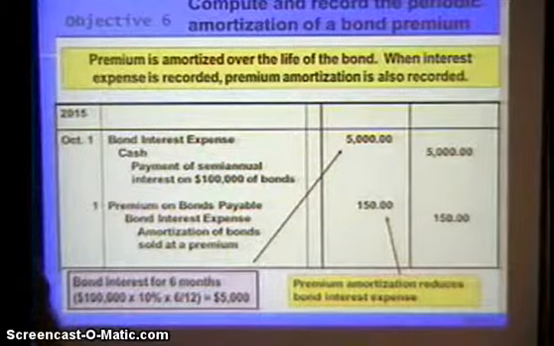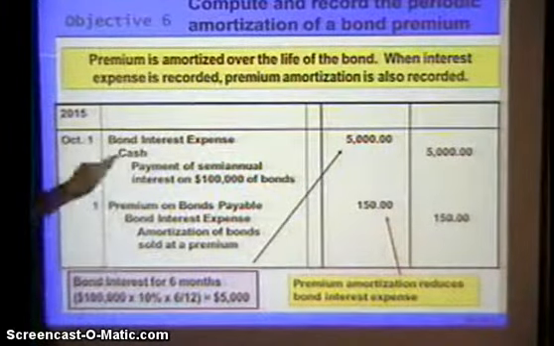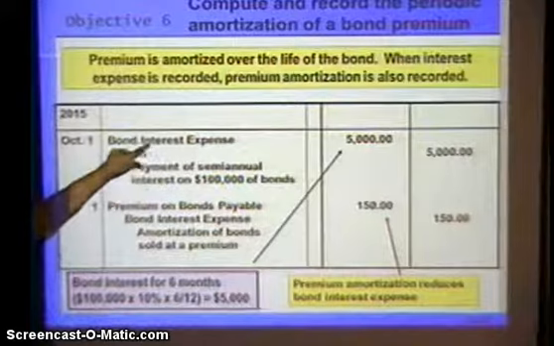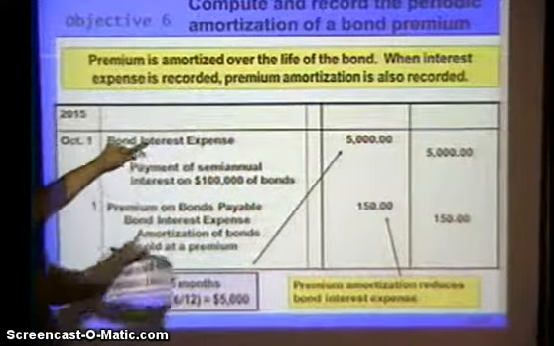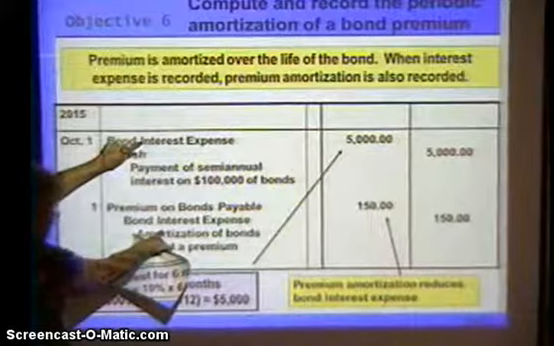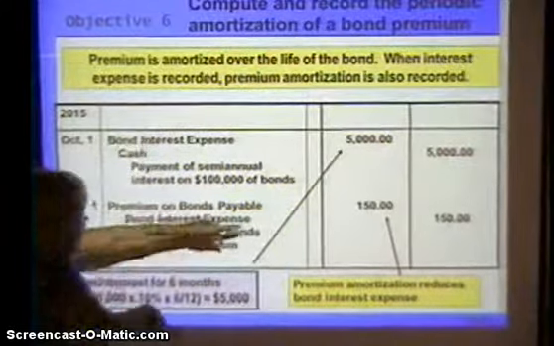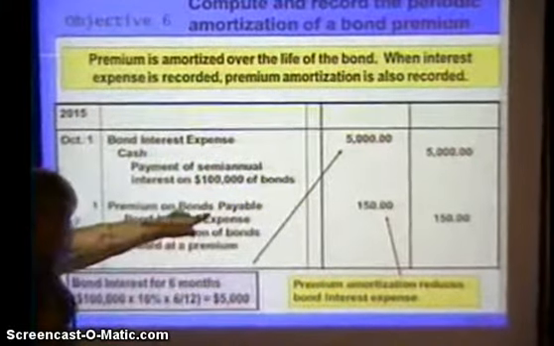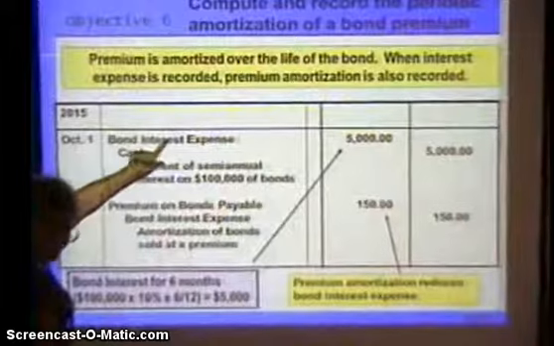So here's what happened. Y'all see what happened? Here's the bond interest expense, right? And here's the amount of the premium. So actually, when we get to the end of the year, there's going to be a credit of $150 in that bond interest expense account and a debit of $5,000.